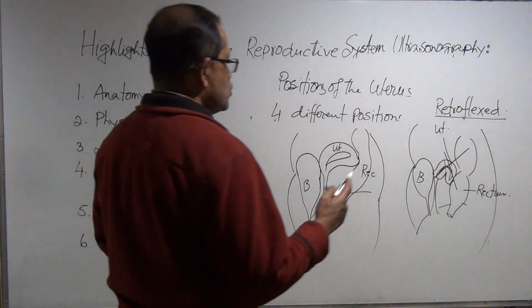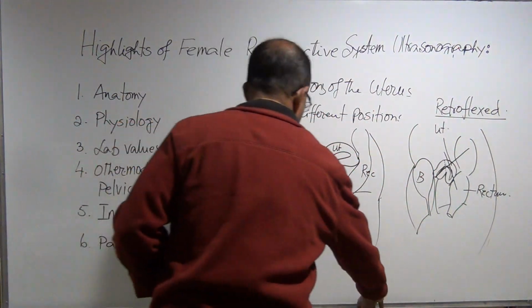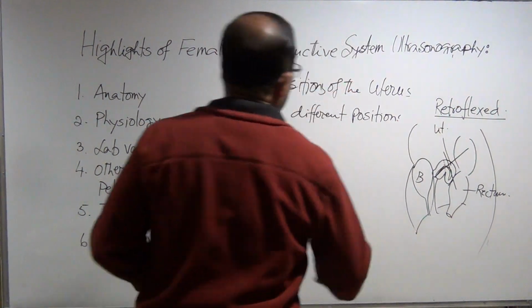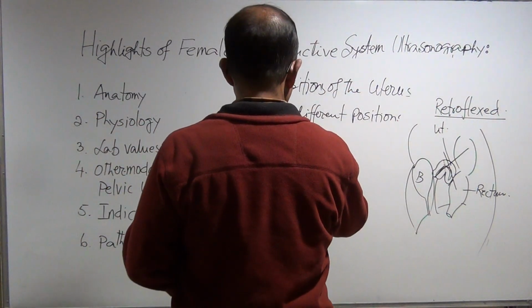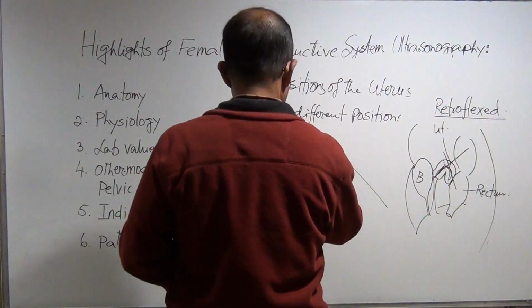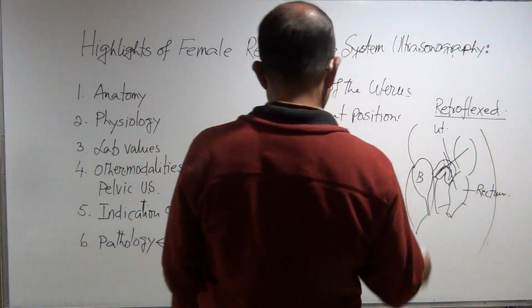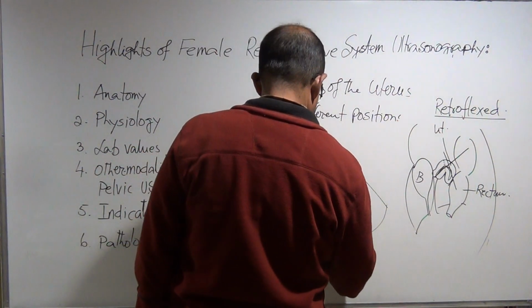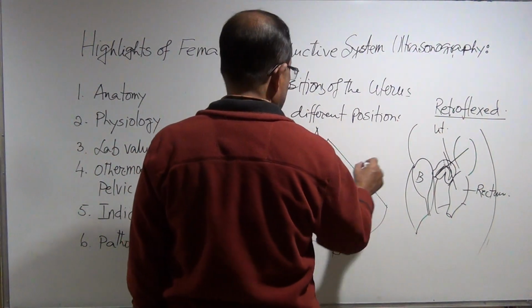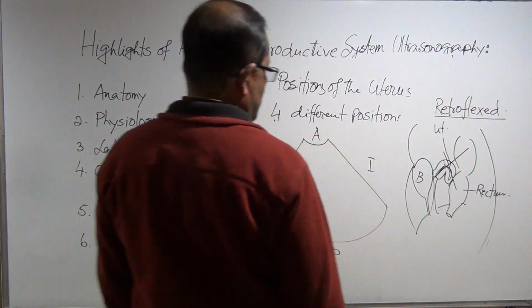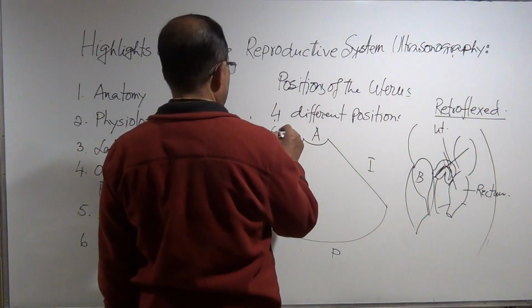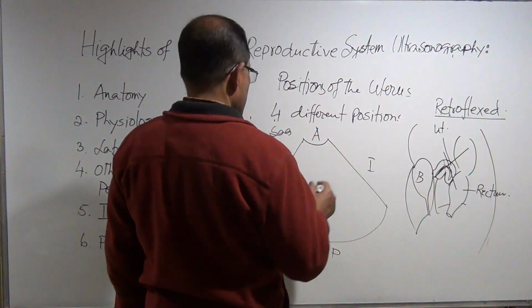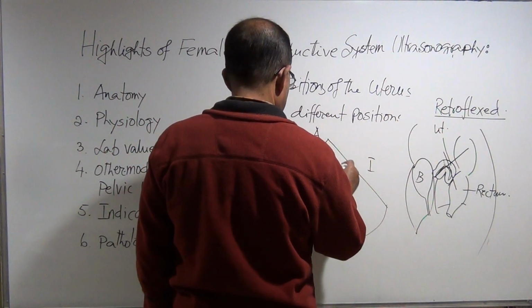Okay, so now sonographically, how does it look? Let me draw the sonographic view of the retroflexed. Know the orientation. This is anterior, this is posterior, this is superior, this is inferior. And this is a sagittal view. You will see the bladder here.